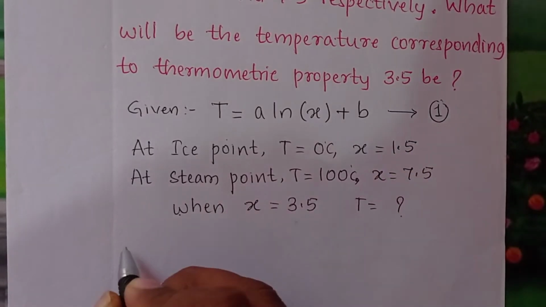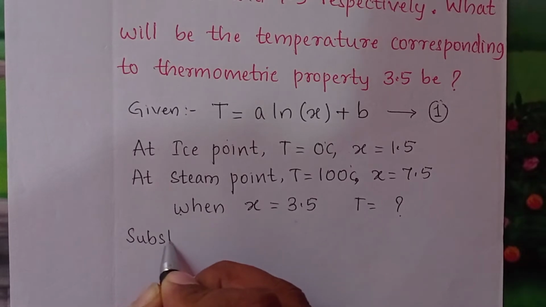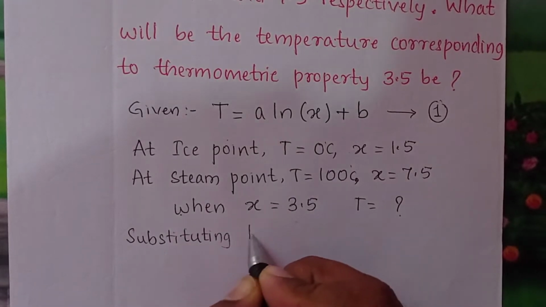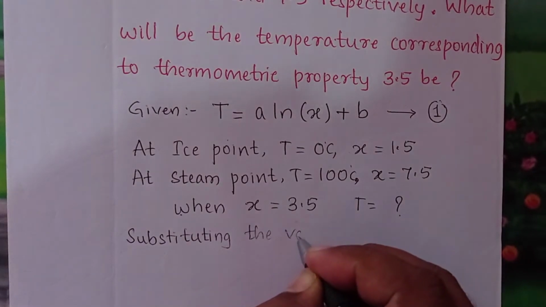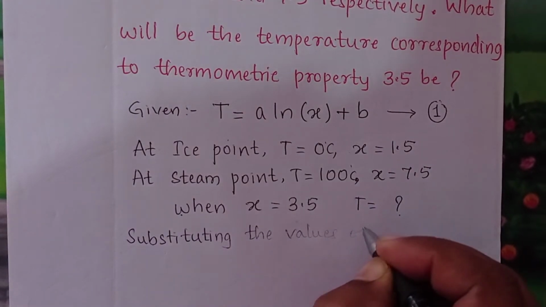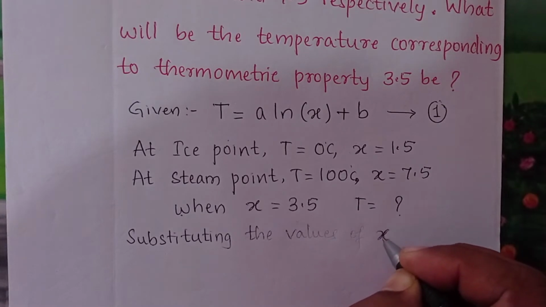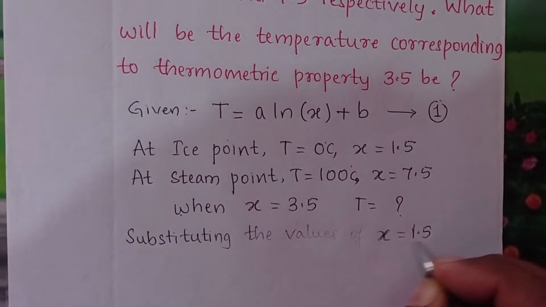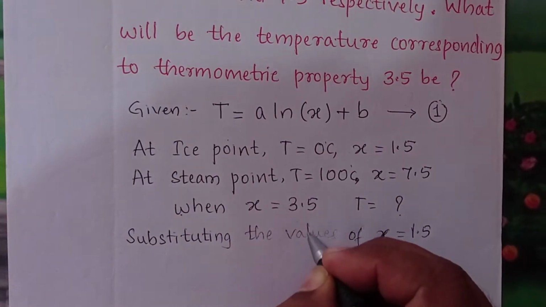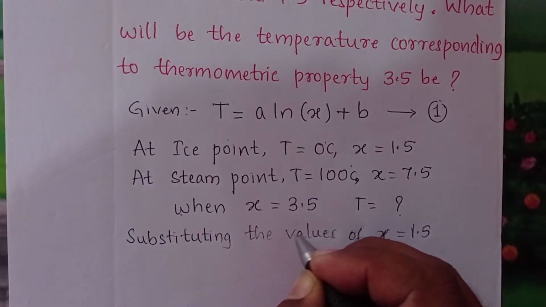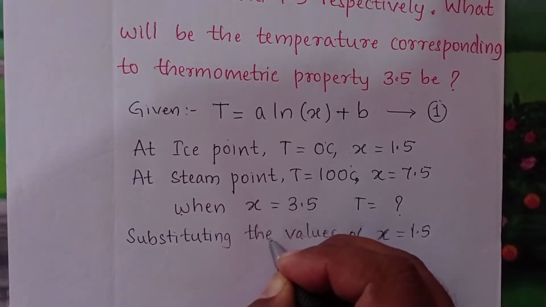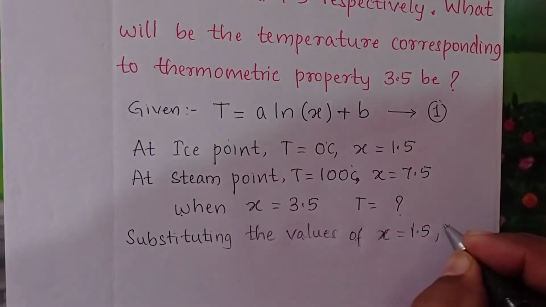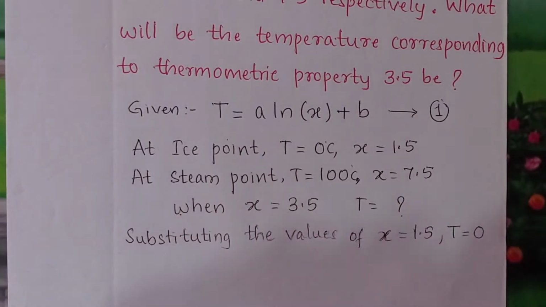So substituting the values of x, that is 1.5, when t is equal to 0, that is at ice point.